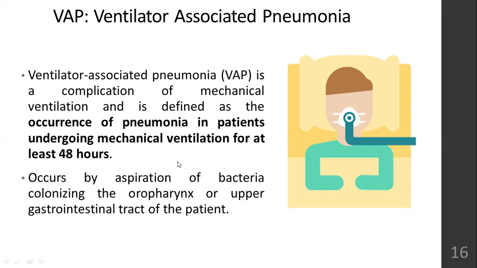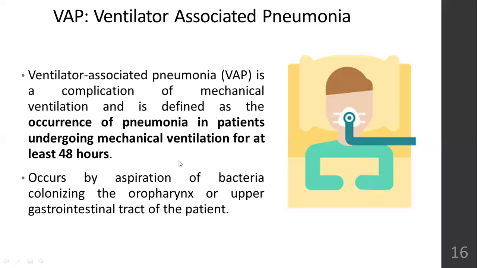Or sometimes if their abdomen is full and there is a regurgitation, the contents of the stomach can go back into the trachea. That can also cause aspiration, and that would lead to pneumonia. So usually it is aspiration of either the bacteria or the contents of the GI tract that is leading to ventilator-associated pneumonia.